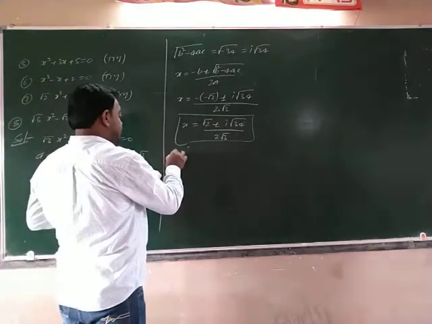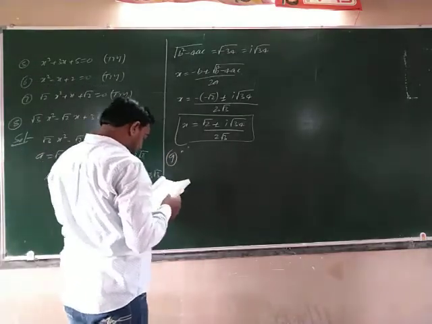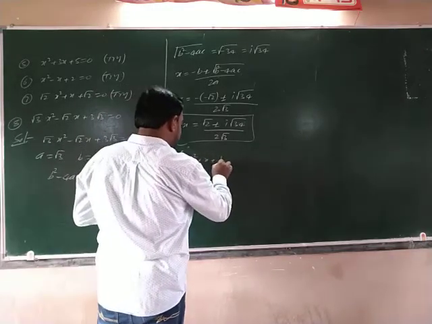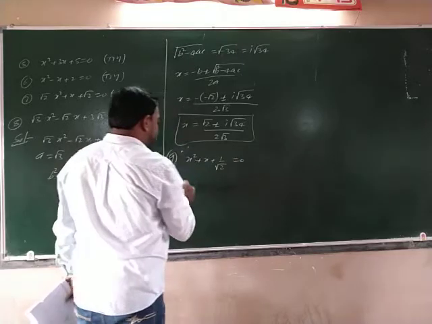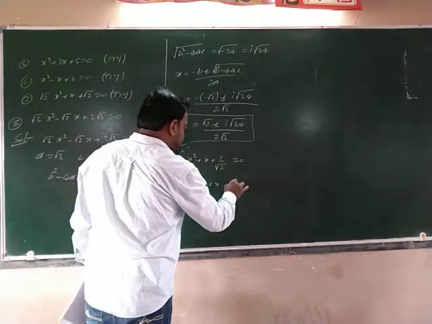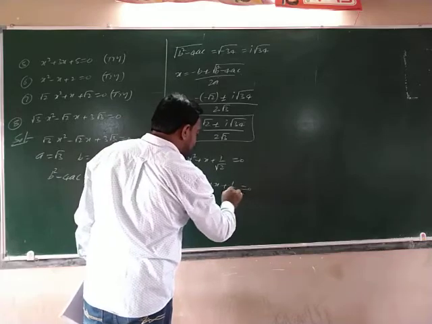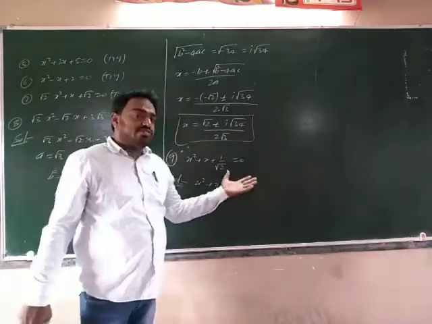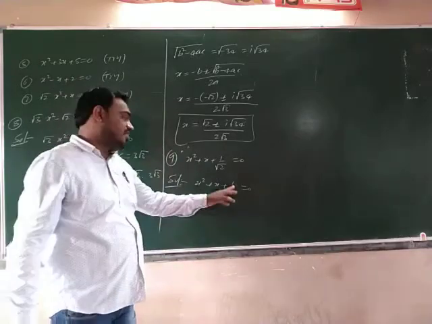Next, the ninth one: x square plus x plus 1 by root 2 is equal to 0. Solution: x square plus x plus 1 by root 2 equal to 0. You can take root 2 as the LCM, otherwise you can solve directly and you get the same result. But here a fraction is there.